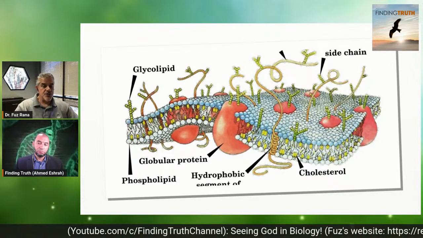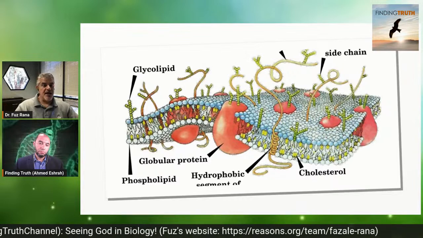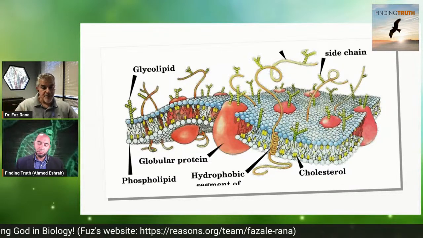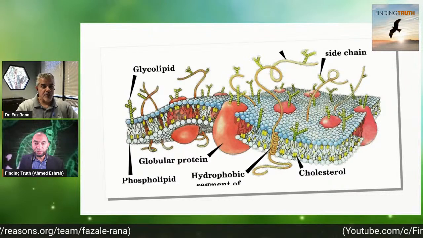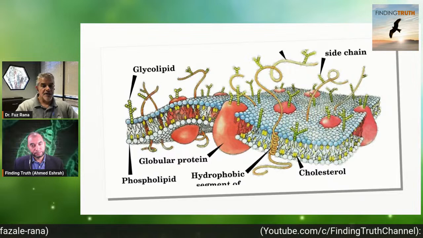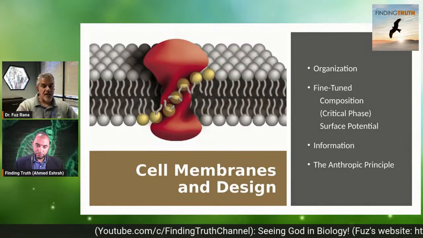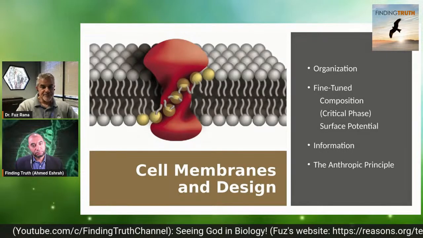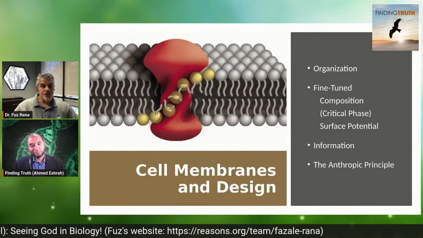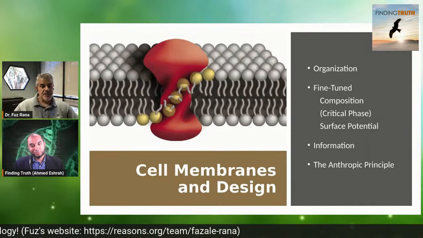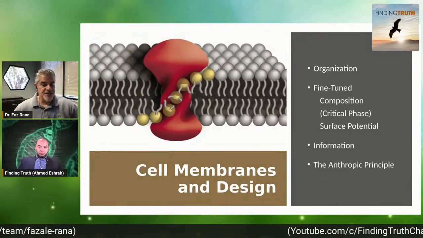But what we want to do in this episode is talk about how we can make a design argument from cell membranes. That's going to be the focus of what we discuss. There are a number of ways in which we can make a design argument for cell membranes, in that cell membranes display features or properties that we would recognize as markers or indicators of design.